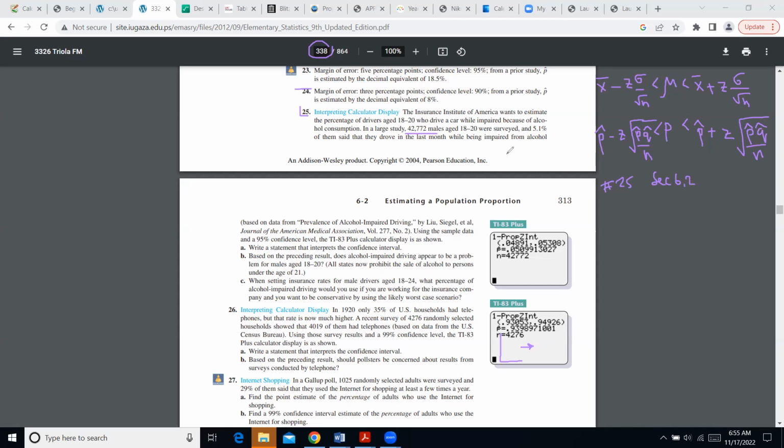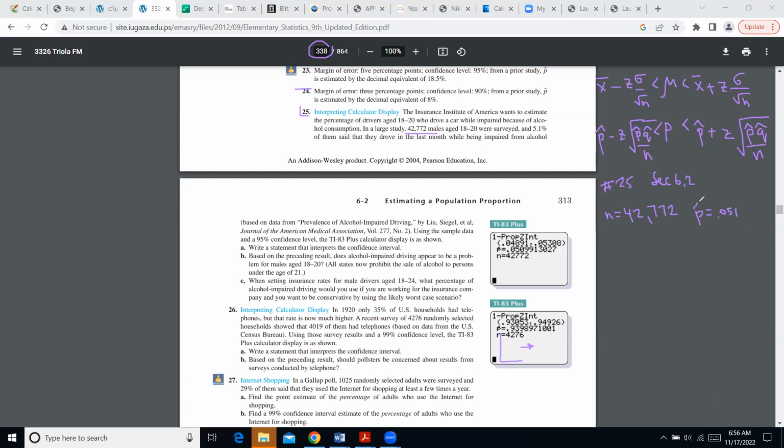So dealing with the data that talks about the number of elements in the sample equal to 42,772. And 5.1% said they drove in the last month while under the influence of alcohol. So the probability or percent is 0.051 for 5.1%.